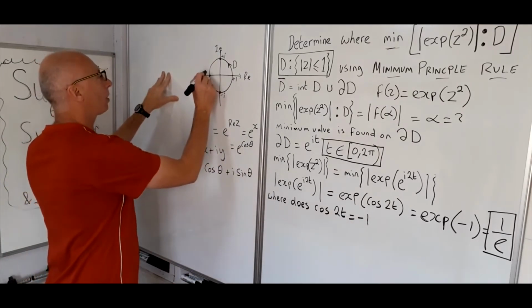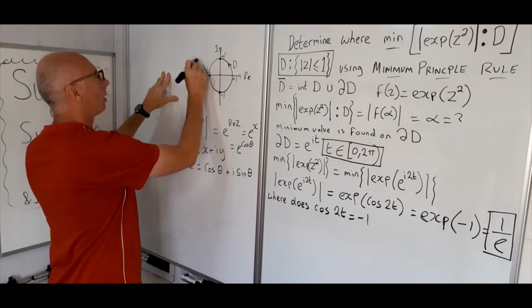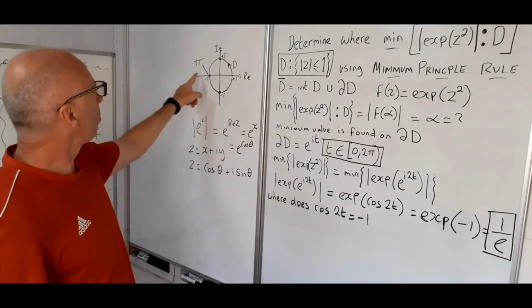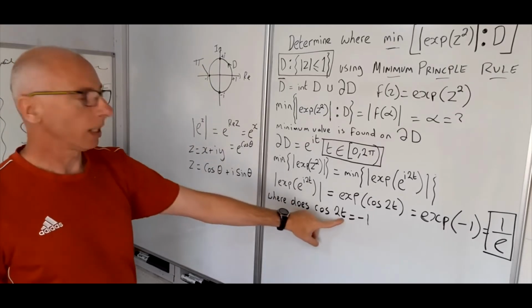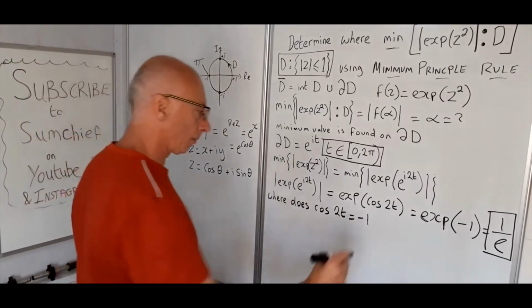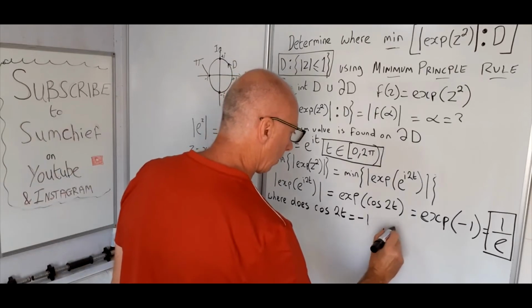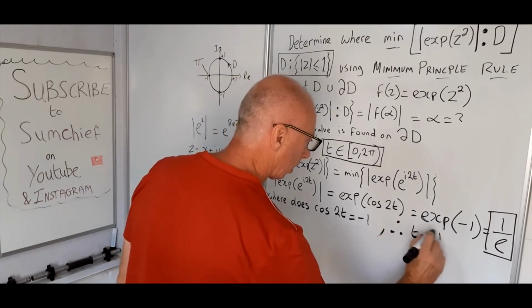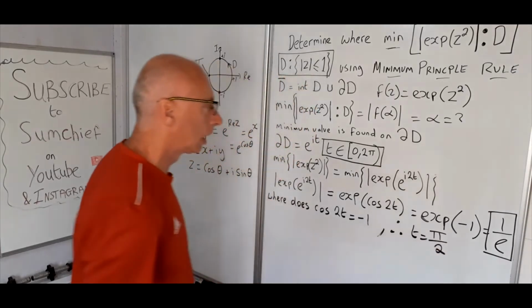So that's the point we're interested in. So if 2t equals pi, therefore t equals pi over 2.